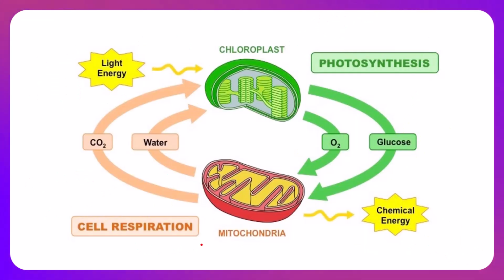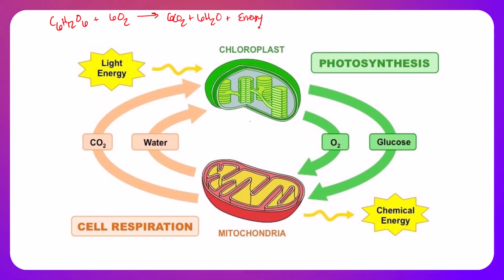What is the relationship between photosynthesis and cell respiration? They are exactly backwards in terms of their processes. Again, if we focus on the equation, C6H12O6 plus 6O2 yields 6CO2 plus 6H2O plus energy.